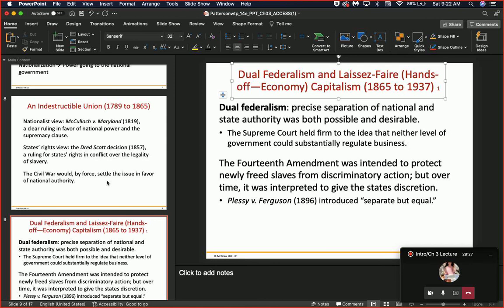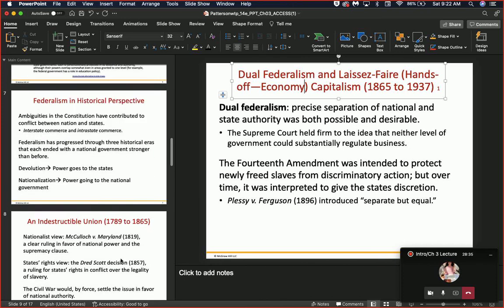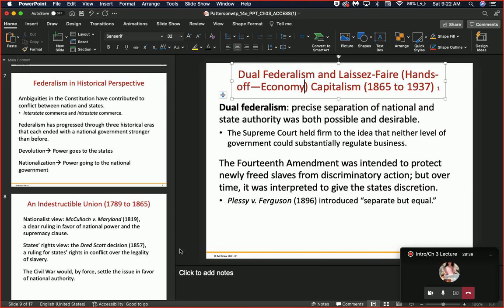That's that chart we saw over here, very clean cut, who has what powers. Okay, so this was meant to keep it so that way the nation could operate harmoniously with each other, meaning that the states and the national government were not constantly butting heads with one another.